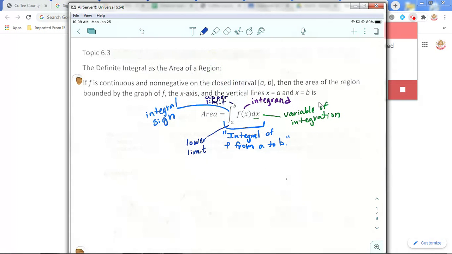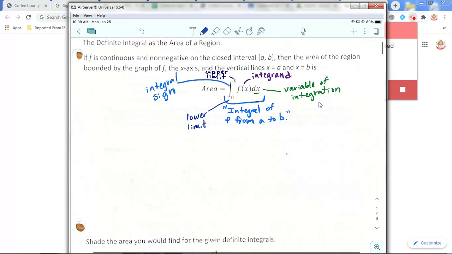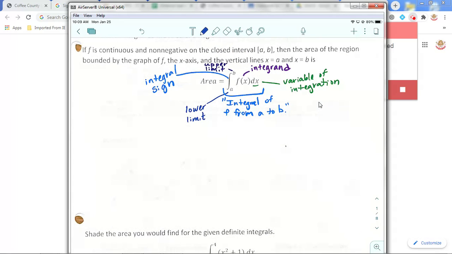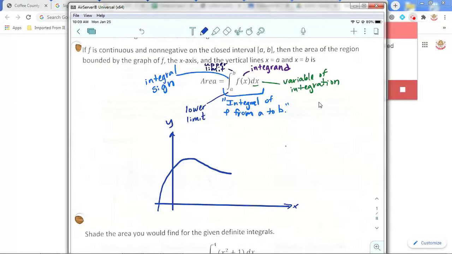It does say that f is non-negative, so this graph of f is going to be above the x-axis from A to B. So that's f, and let's say A is here and B is here.